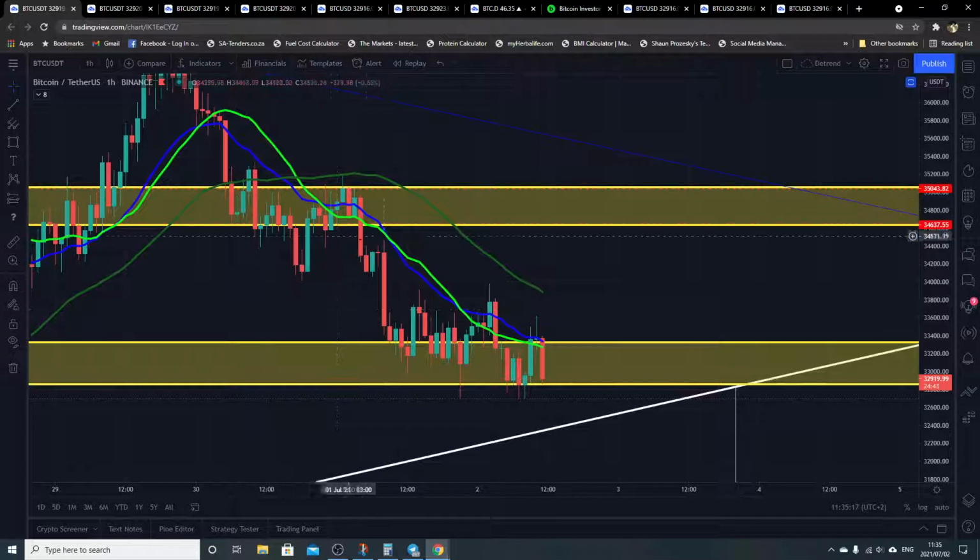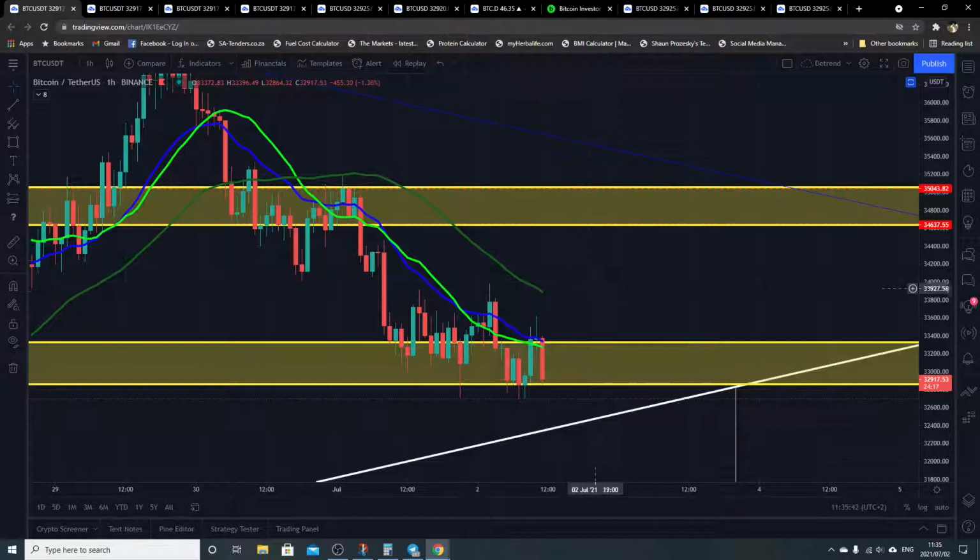We got another fake out over here. The same scenario happened each time the 21 EMA goes above the 20 MA, we get a push up to the upside. But unfortunately now with the 50 MA above the 21 EMA, price is going to find it very difficult to go upwards.